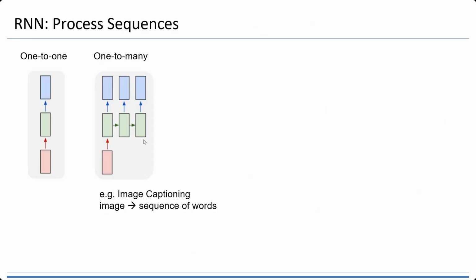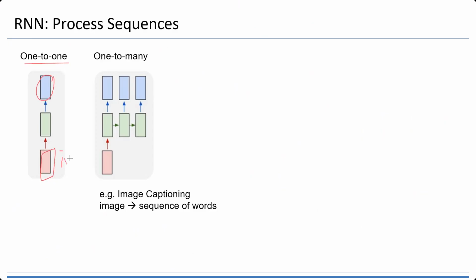So in the RNN itself, there are some processes. Okay. So the one that you learned before was only one-to-one. For one input, you can produce one output.